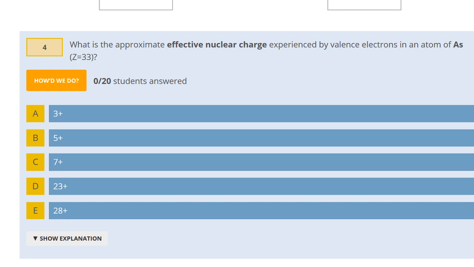See if you can guess what the effective nuclear charge is that would be experienced by valence electrons in arsenic. Remembering again that the shielding electrons are all of the inner level, or all of the core electrons. Not just the first energy level, but all of the core electrons.